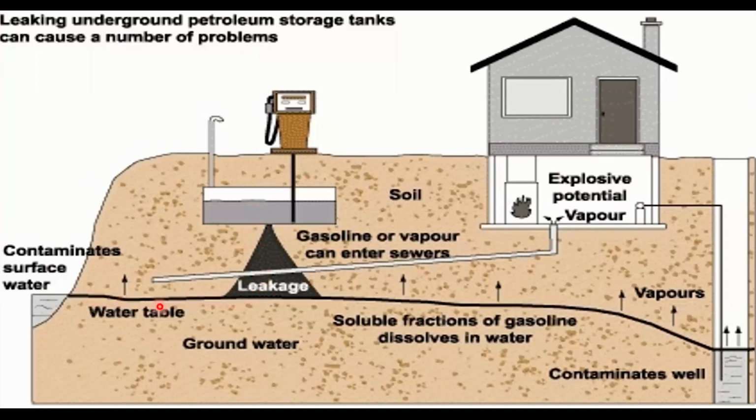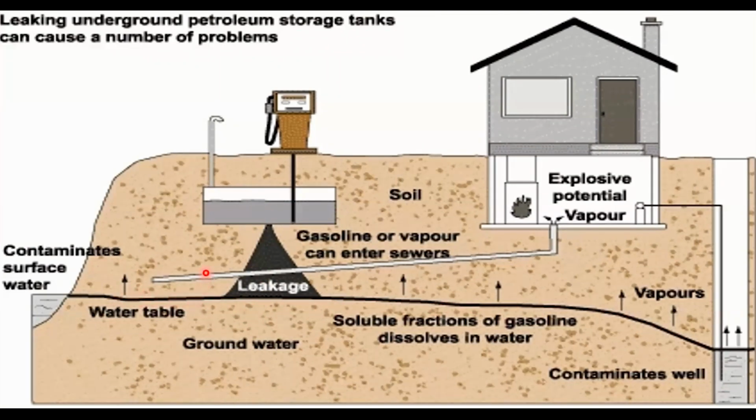The black line here that you see represents the groundwater table. Everything below the black line is saturated with water. This is what we call the aquifer. So everything under the black line is saturated with water, and the water table is the black line.